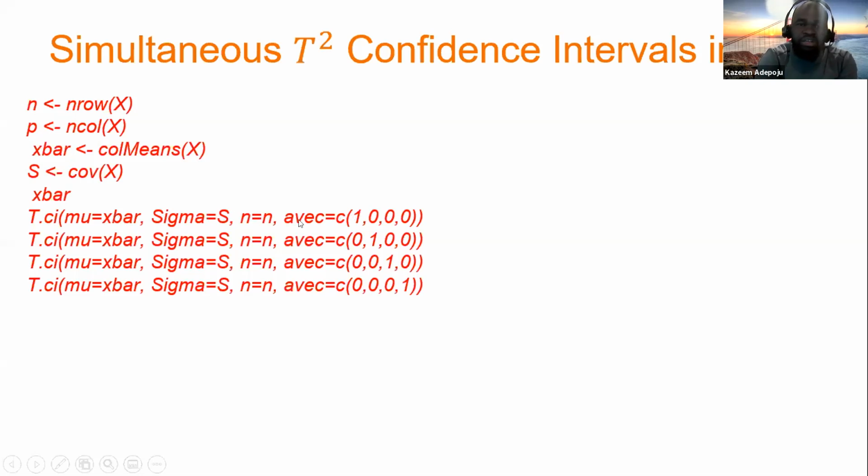Then in the vector here, the first one has to be 1000, because the 1 here means I'm considering the first element in the vector of means, and I'm not considering the other ones. This one means I'm considering the second mean in the vector, this the third mean, and here I'm considering the last one. Do you see that now?